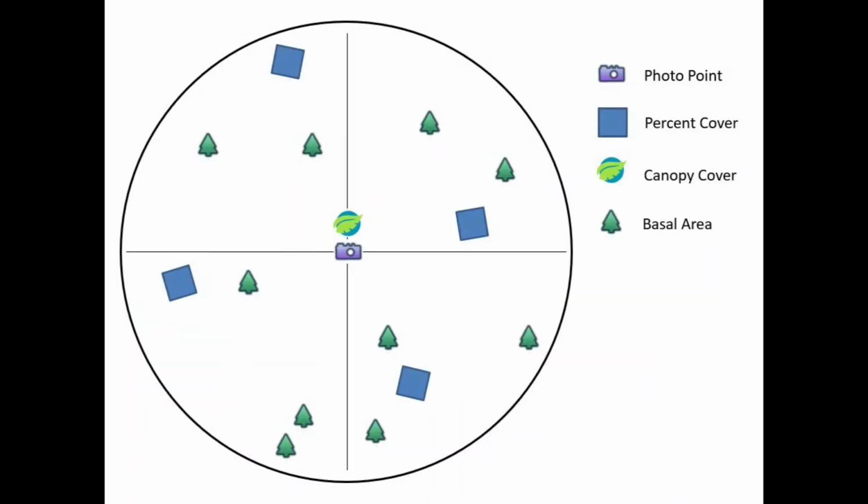To collect all of this different criteria, we're going to establish multiple sampling plots across the total project activity area. In each of those sampling plots, you're going to do the basal area, leaf litter depth, percent cover, and canopy cover, as well as the photo point. Here's a diagram of what that would look like.